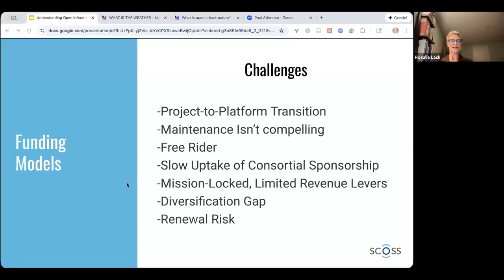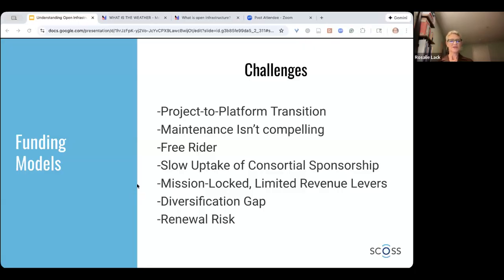The idea of the free rider problem is that for infrastructures that are used by institutions that are fully resourced and are able to pay for those infrastructures but don't, that's the free rider problem. It isn't an institution or a country that is low resource, that is not able to pay, that doesn't. That's not the free rider. It's for well-resourced institutions who don't fund at full capacity these open infrastructures that they're using.